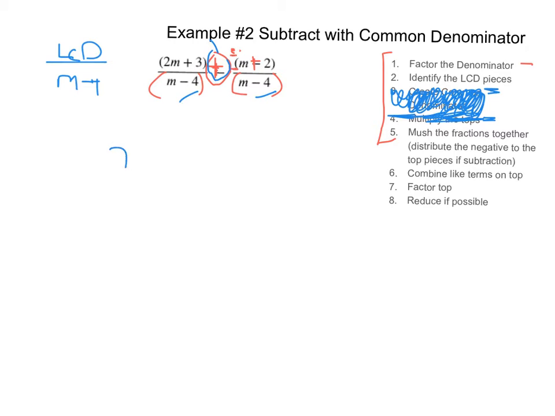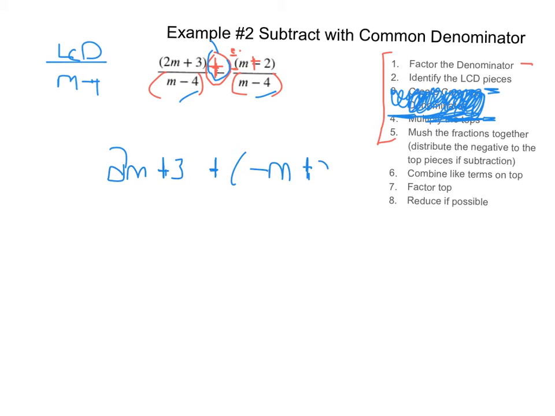So we're going to have the 2m plus 3, plus, so that plus in the middle now, that was originally a minus, and then we have to be careful because we have negative m plus 2.